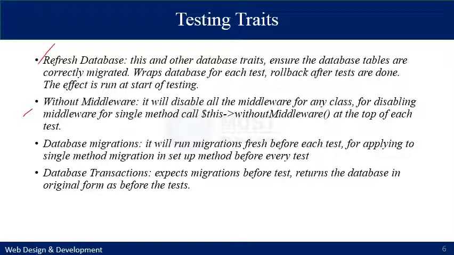For disabling middleware, a single method call, withoutMiddleware, at the top of each test is used. The DatabaseMigrations trait will run migrations fresh before each test, for applying a single data migration in the setUp method before every test. The DatabaseTransactions trait expects migrations before the test, and returns the database to its original form as before the tests.